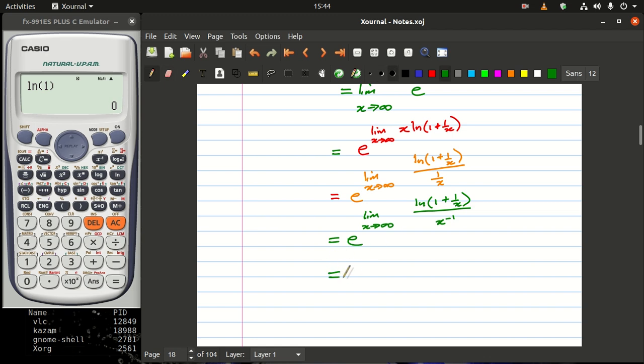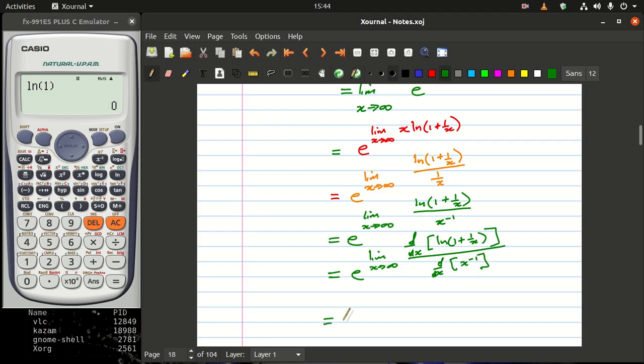So I can say that now this is the same as e raised to the limit as x approaches infinity, and then I take the derivative with respect to x of ln of 1 plus 1 over x, and then I take the derivative with respect to x of x raised to minus 1.